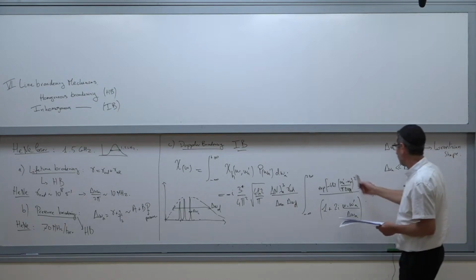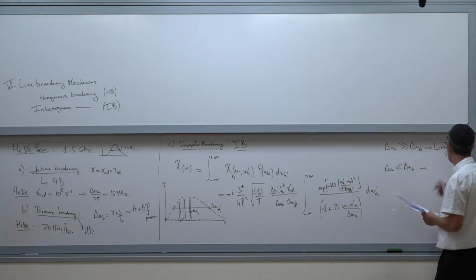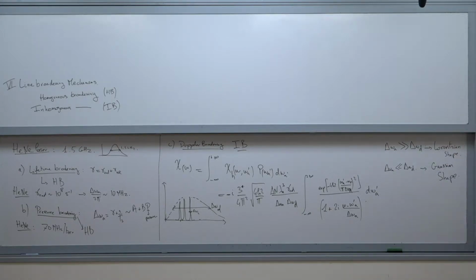You end up with this term exactly here, which gives you a Gaussian shape. Okay, so that's what I showed you, these two different line shapes before on the screen.